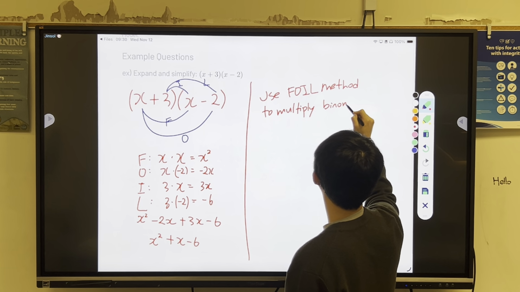The FOIL stands for the first and outer and inner and last.